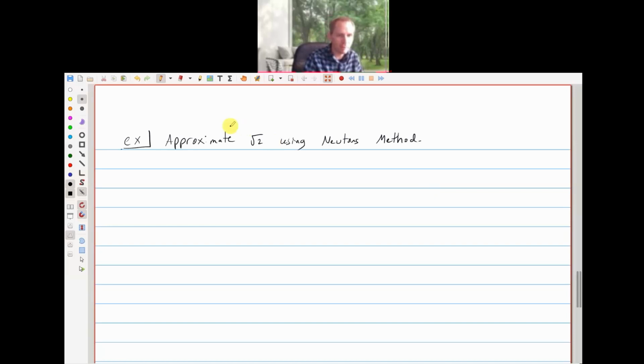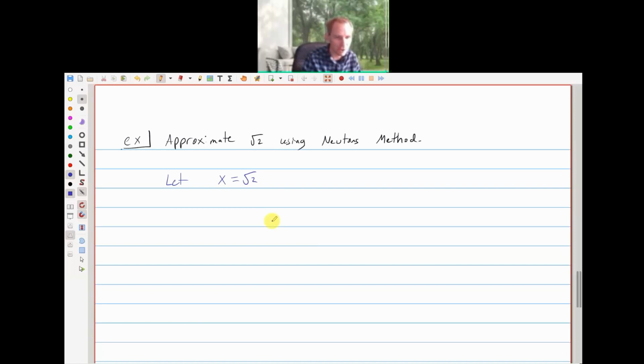What I'm going to do is start by saying the thing I want to find, I'm going to call it x. So let x equal the square root of 2. And what I want to do is get a function equal to 0. I want to have numbers that I can plug in nicely. And if my assumption is that I can't find the square root of 2, then it doesn't make sense to cheat and use square root of 2 on my calculator.